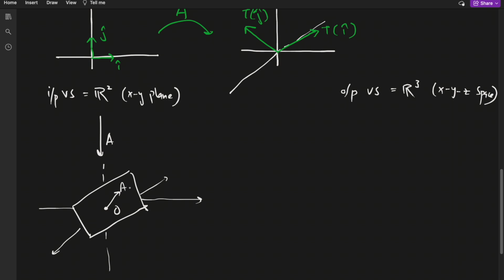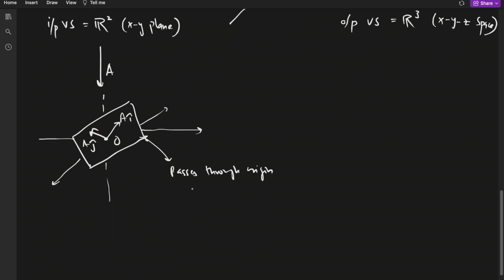This is going to be A times I hat after transformation, and this is A times J hat. And make sure this passes through the origin. Why? Because it's a subspace and it passes through the origin. I will explain what subspaces are, but a subspace is also a vector space. So it's a vector subspace, and all vector spaces always pass through the origin.